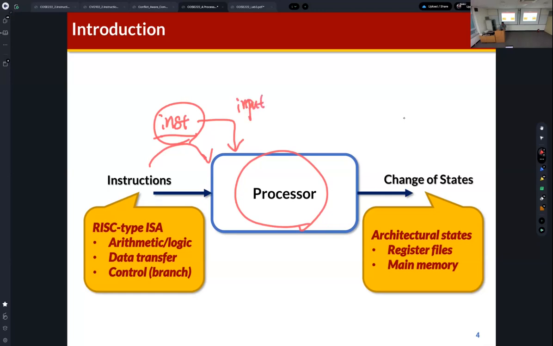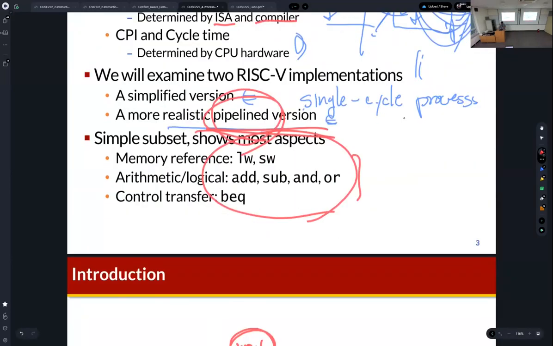Then what are the outputs of this system? The output is a change of state.